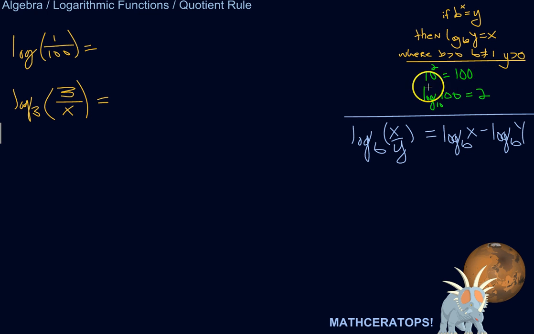Well, that means that log base 10 of 100 is equal to 2. So basically, log is asking the question, what do I have to raise the base to in order to turn it into this? So I have to raise 10 to the power of 2 to turn it into 100.